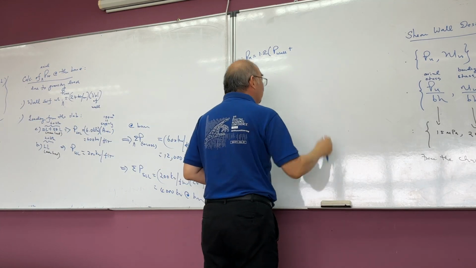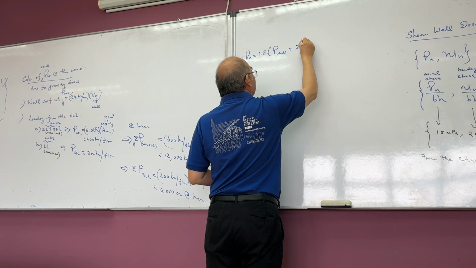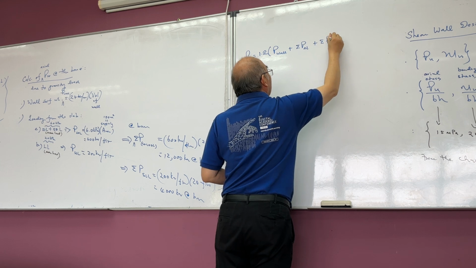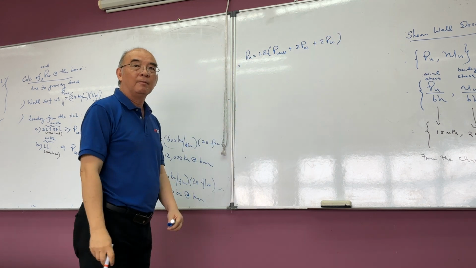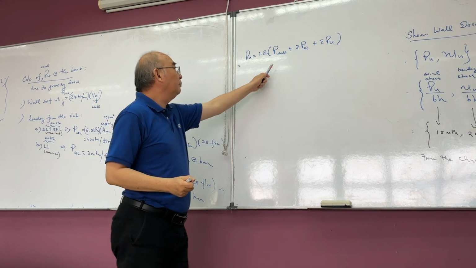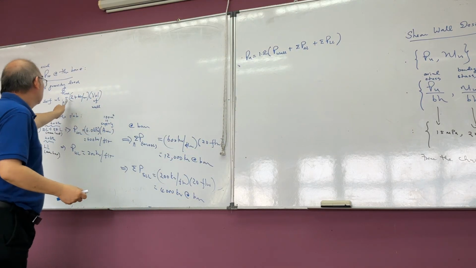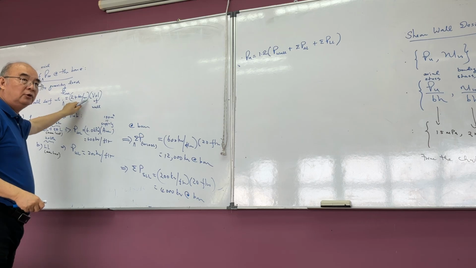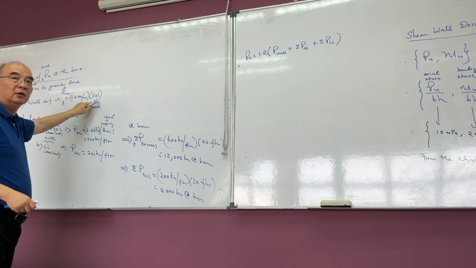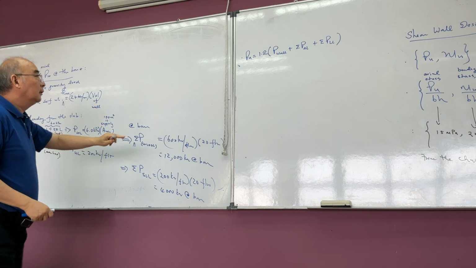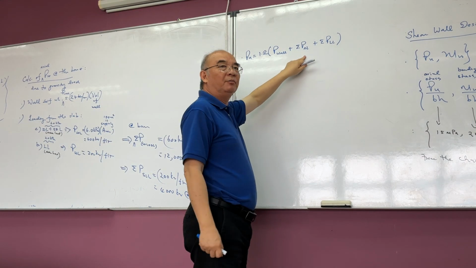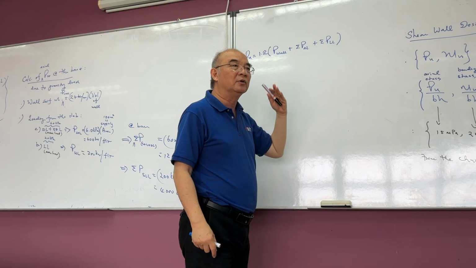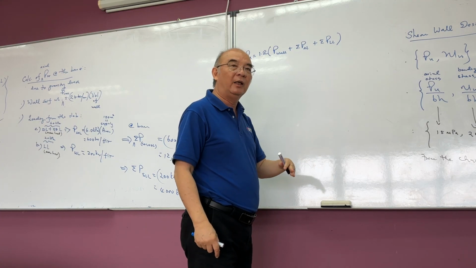Here I should do a summation of P dead load plus summation of P live load. P wall is the wall self weight, which is gamma, the unit weight, multiplied by the volume of the wall. Here you need to do a summation of P dead load because you start from each level, so you have to add all the levels together.